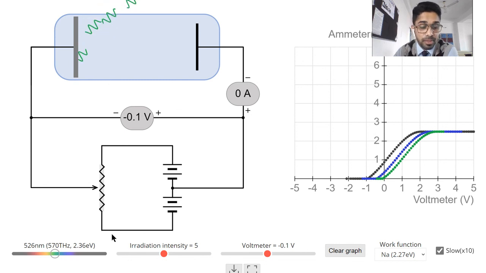But here we find that light, even though it behaves as a wave, the energy does not depend on the amplitude or the intensity, it depends on the frequency of incident radiation. And hence to explain these observations, the particle nature of light was proposed.